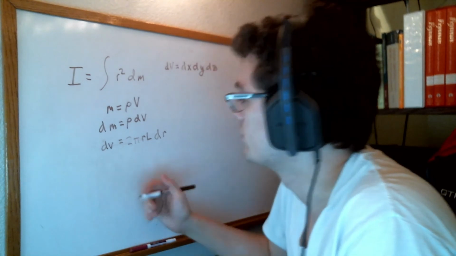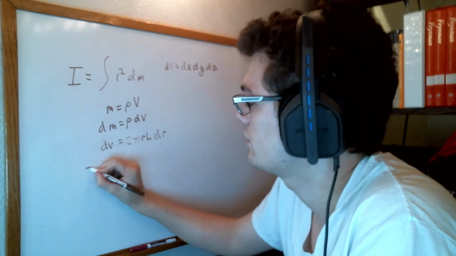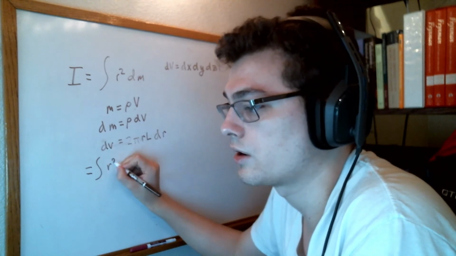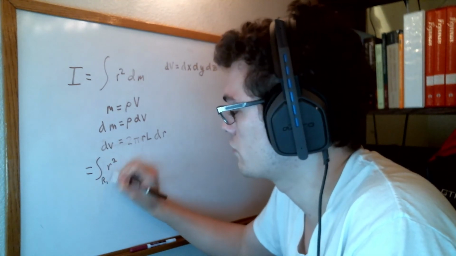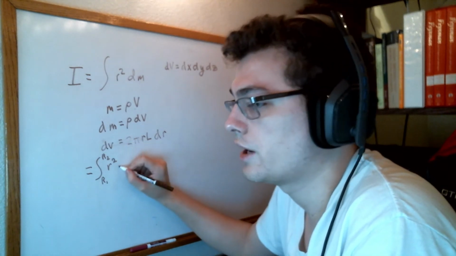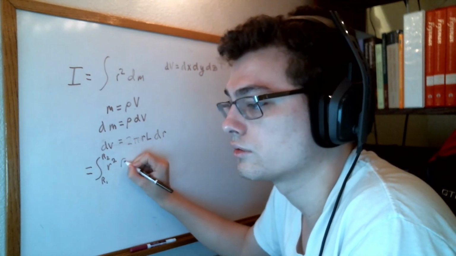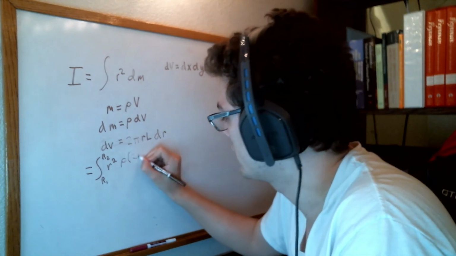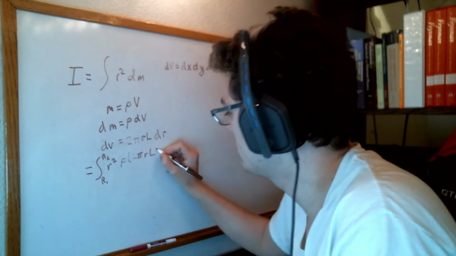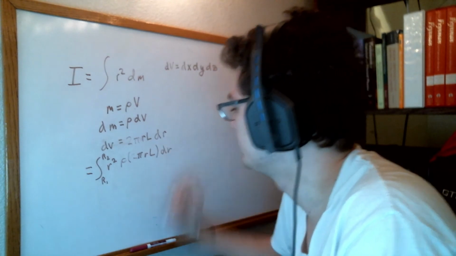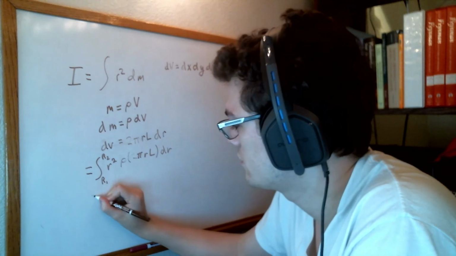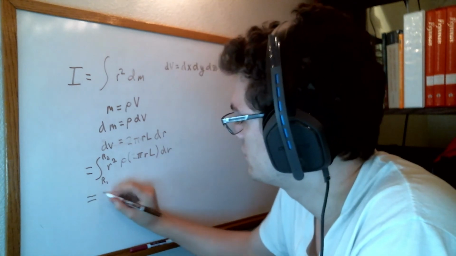And so then we can plug this into our integral. What we're going to end up getting is r squared from r1 to r2, and we'll have rho and then 2 pi r L dr. So we can take all of our constants out of this integral so we can evaluate it.